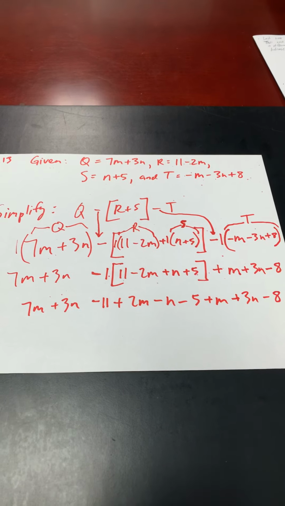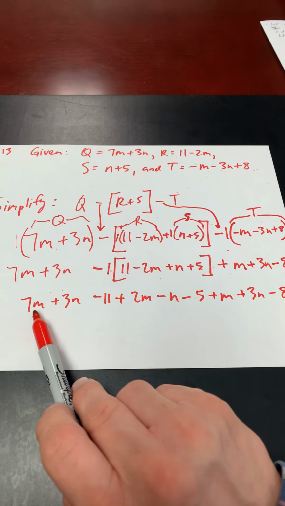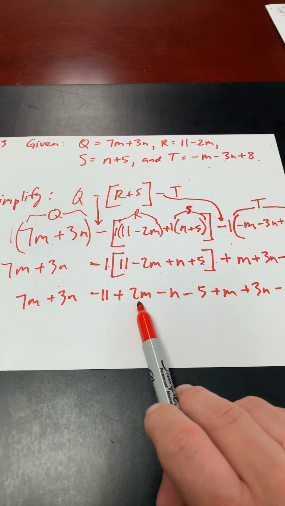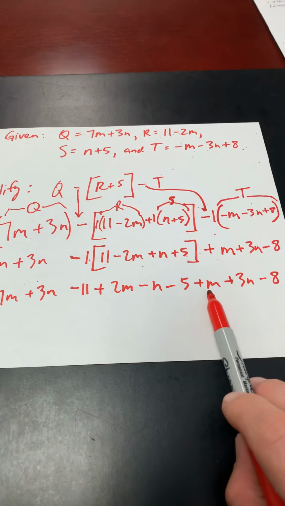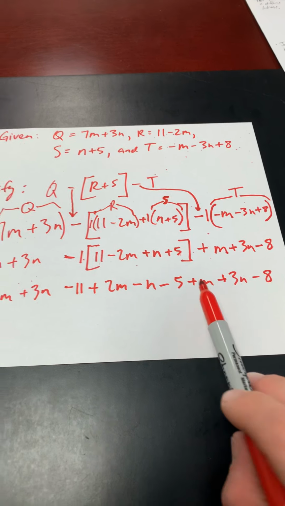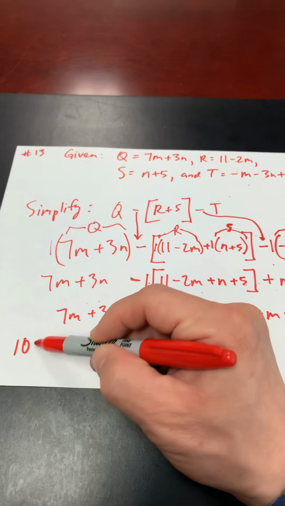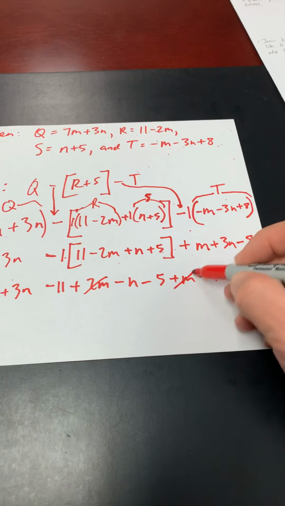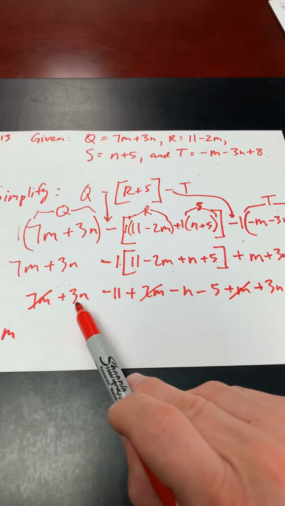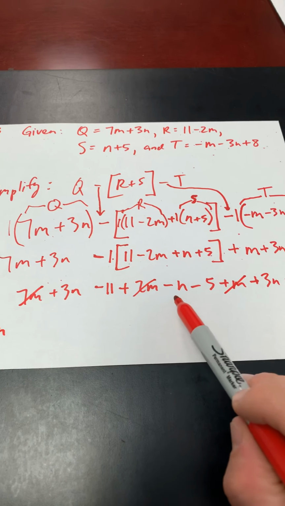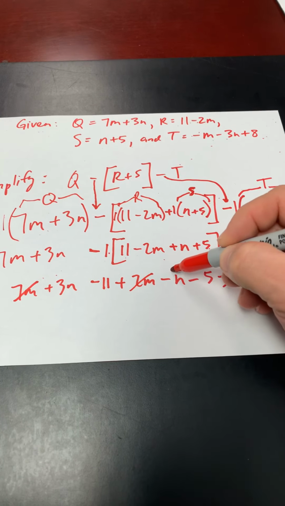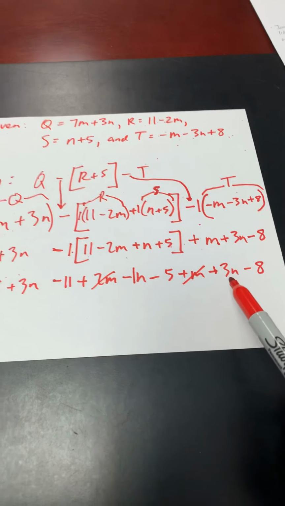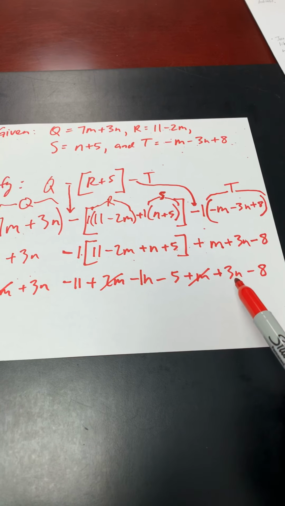So now we can combine like terms. So we've got our m terms. We've got 7m and a positive 2m gives us 9m. 9m plus 1m gives us 10m. And that's all of our m terms. So we have 10m. So I'll go ahead and cross out all of my m terms. How about our n terms? We have 3n minus 1n. So that gives us 2n. Let's do it again.